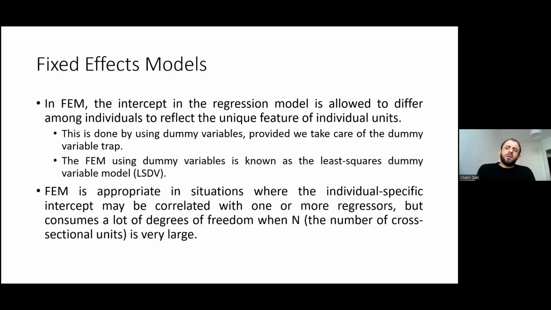To partially answer the question of Tahani, in general, it's good to use such models whenever the individual effects are correlated with the explanatory variables. For instance, if we assume that enthusiasm is correlated with education, because if I'm enthusiastic, I might reach higher levels of education, for instance. And if this will change from one individual to the other, then they have to be introduced as a fixed effect. Okay?